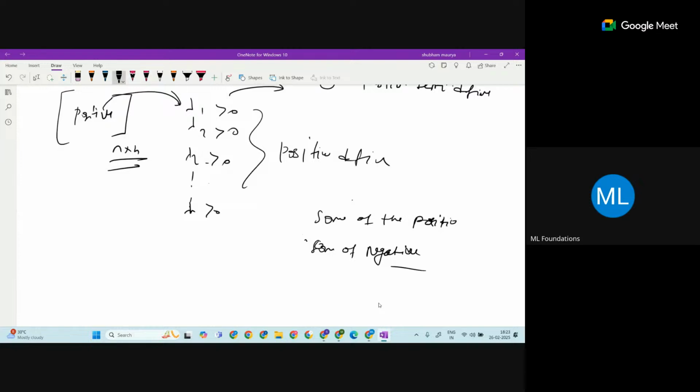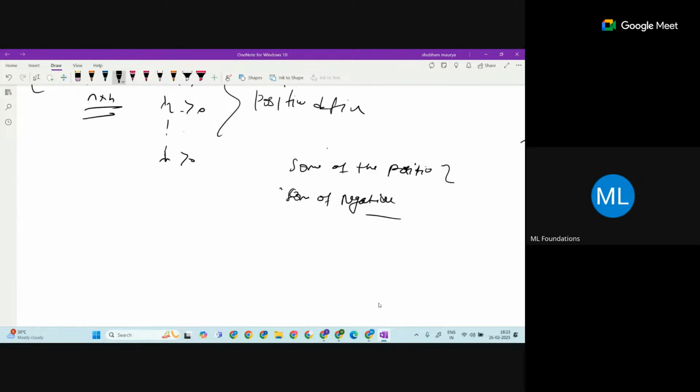In this case you cannot decide definiteness, so it is indefinite. But if all eigenvalues are strictly negative, then it is negative definite.